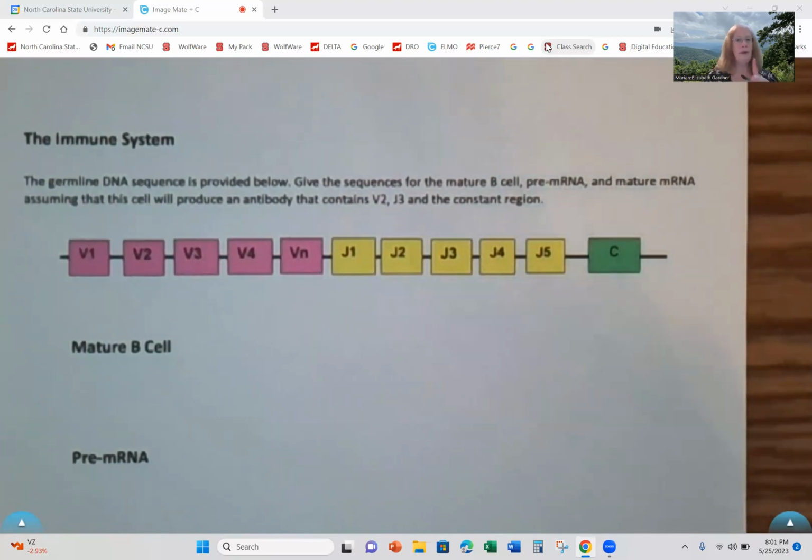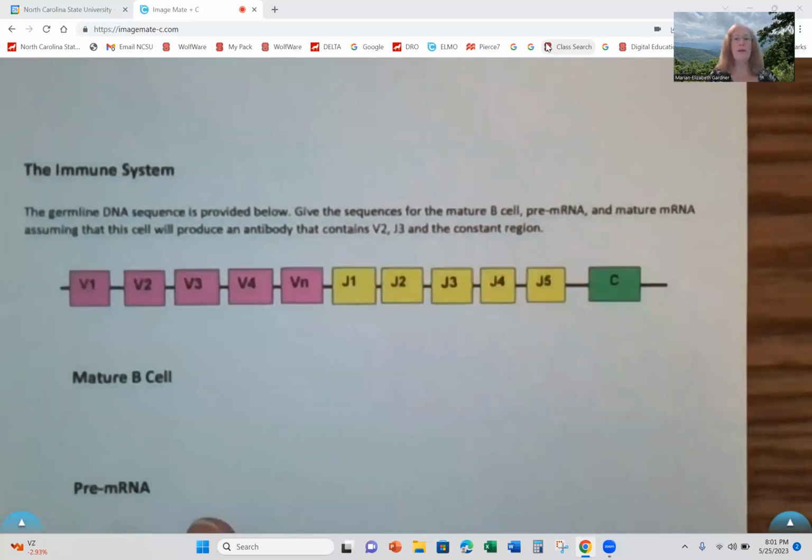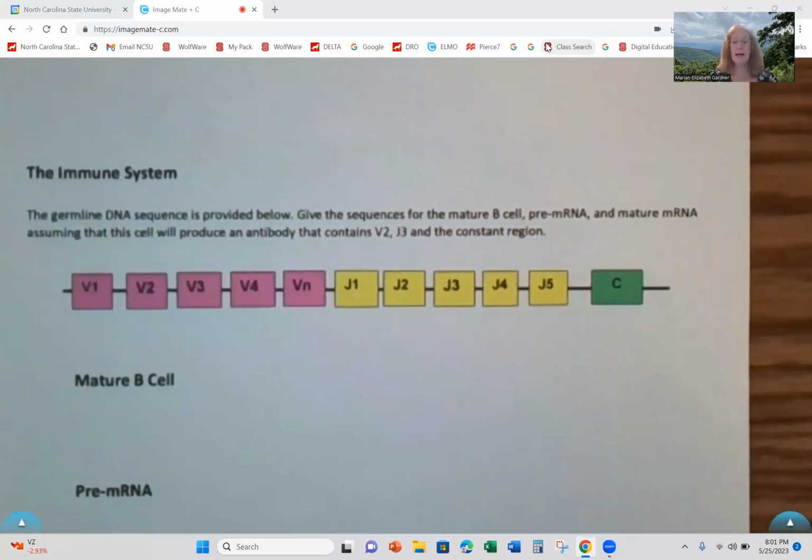So clearly, one gene has to be able to code for multiple proteins, particularly since the number of genes that cause antibody production is a teeny piece of that 22,000 genes. So what happens with our immune system genes so that we can make such a large number of antibodies?